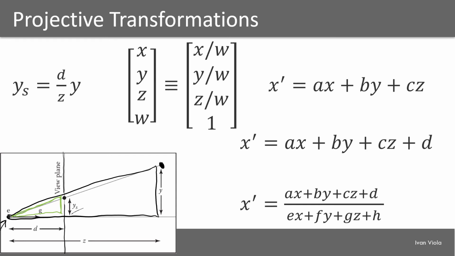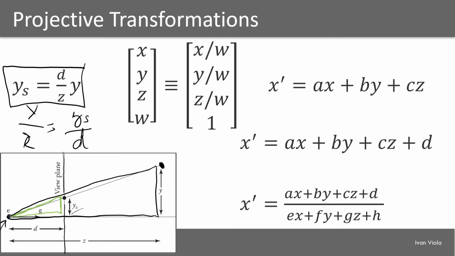And we can see that the similarity of the triangles gives us the following relation. Y divided by Z is equal to YS divided by D. So from that, putting the D on the other side, we will end up with this equation. This is the equation where we see the Y position of this projected point on the viewing plane.